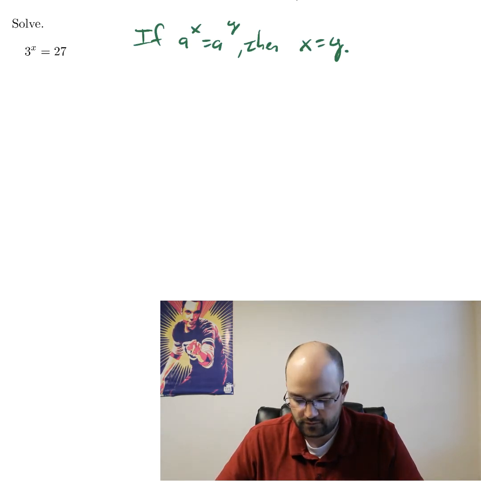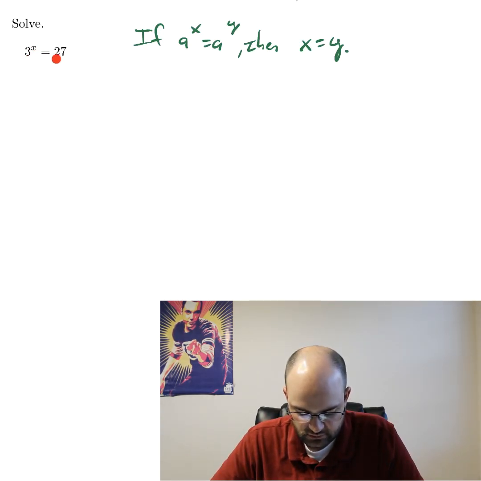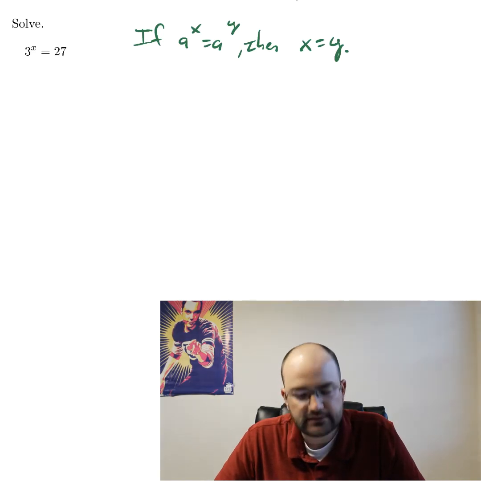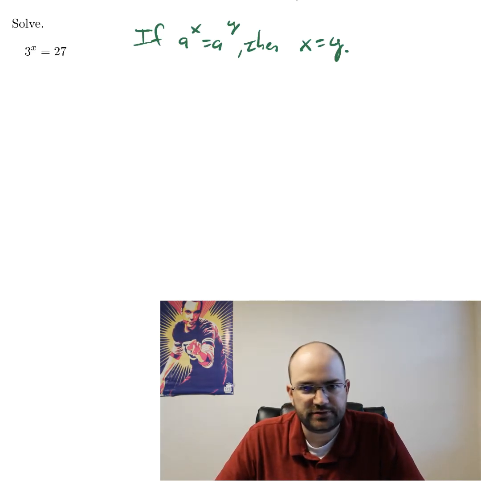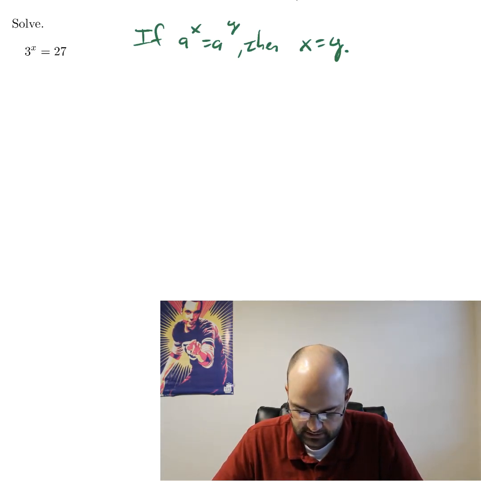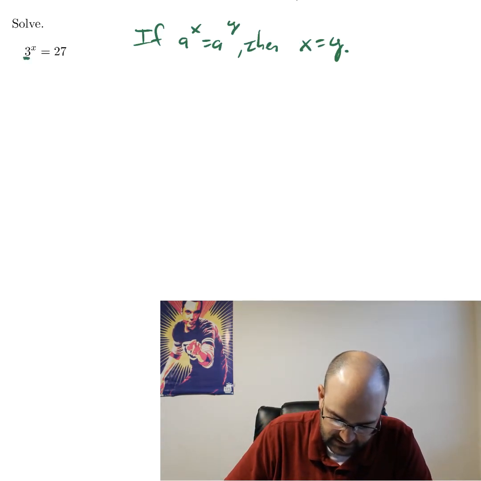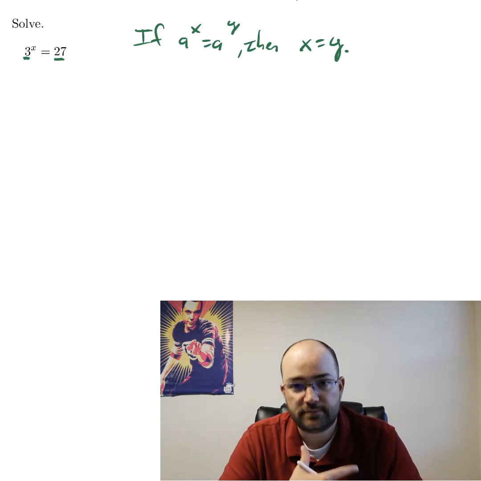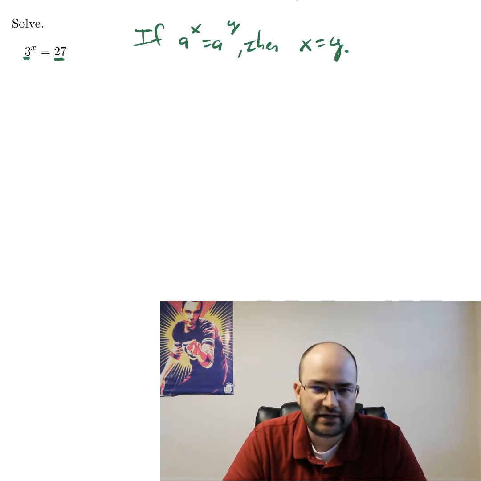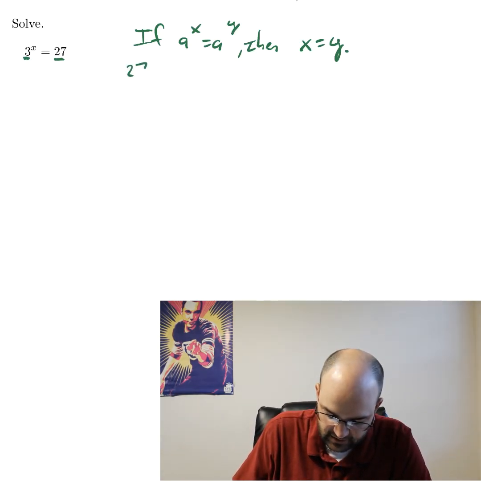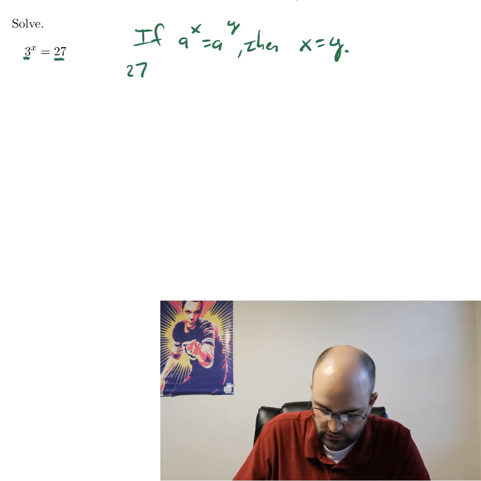Why is that so helpful? Well, over here, 3 to the x equals 27 is a little bit complicated if you're not careful, but I can realize that this 3 is a base, and this 27 also has a base of 3. What do I mean it has a base of 3? Well, if I take 27 and break it down into its prime factors, what do I get?